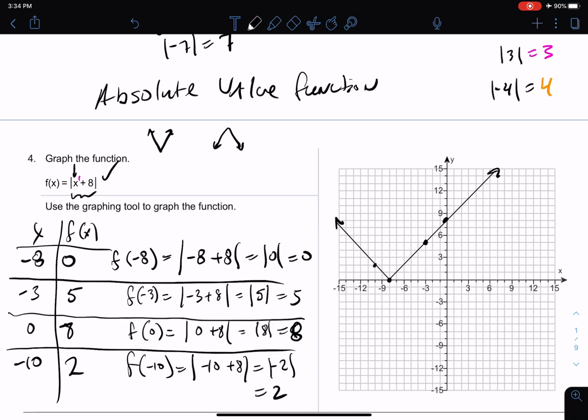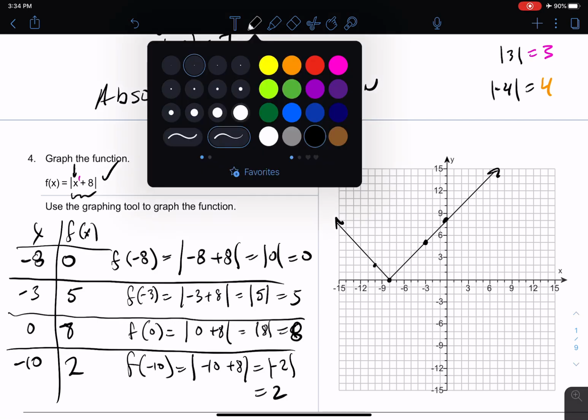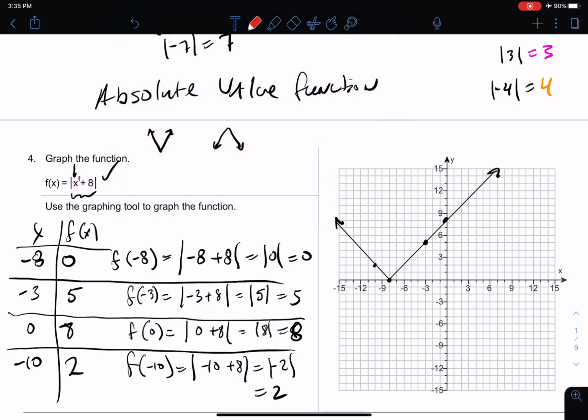Okay, now when you graph this, I want to put a little note for when you graph it in MyLab. On the other points, you wouldn't have to have a specific first point, but whenever you're graphing absolute value functions in MyLab, your first point must be the vertex.